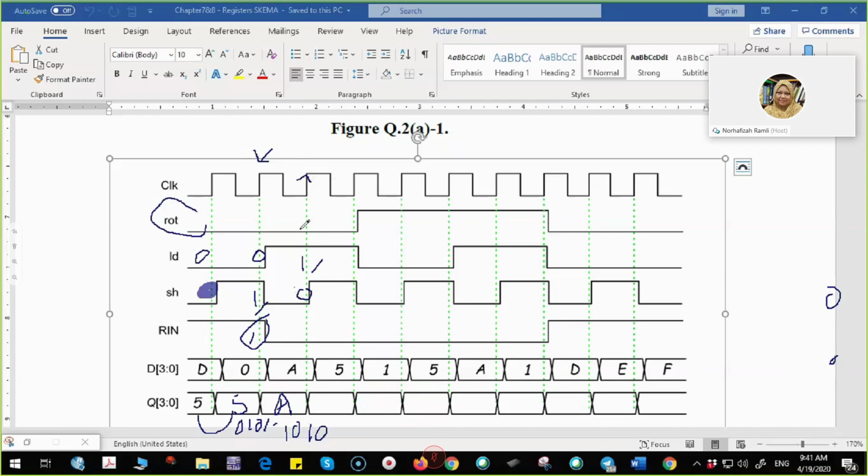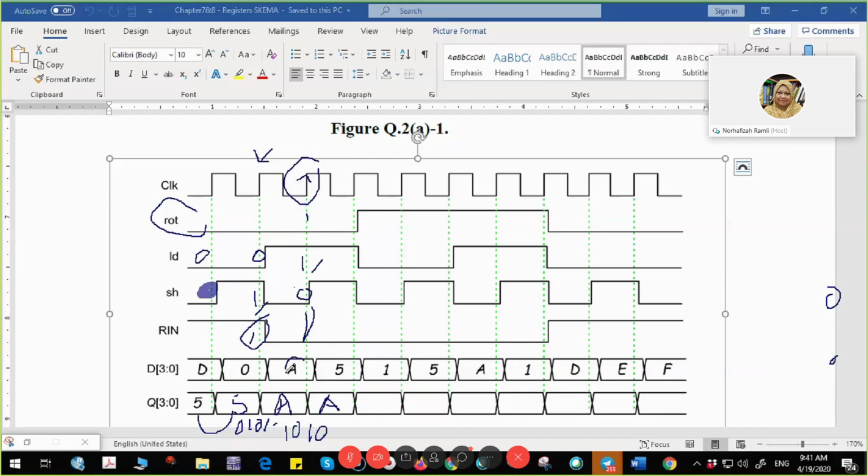No, the change is exactly here. This is the time. So it looks to me the data is still A, because 5 is after the clock. This 5 is after this clock. The 1 is before, this is the clock time.